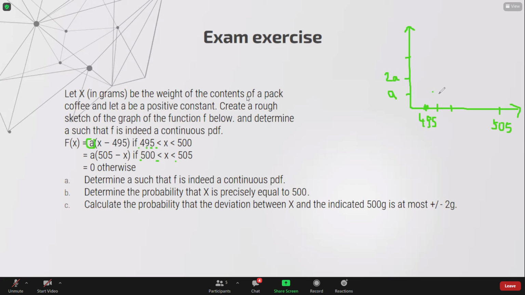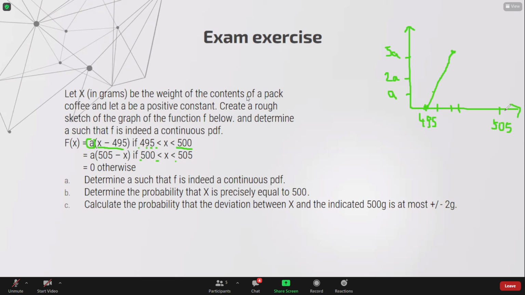And the maximum point would be at 500. If we plug in 500 here, it becomes 5 times A, which is exactly in the middle here. And it increases step by step until it reaches 5 times A.